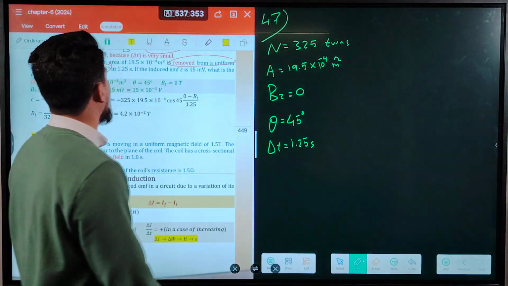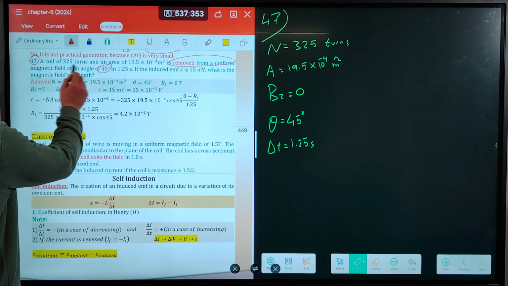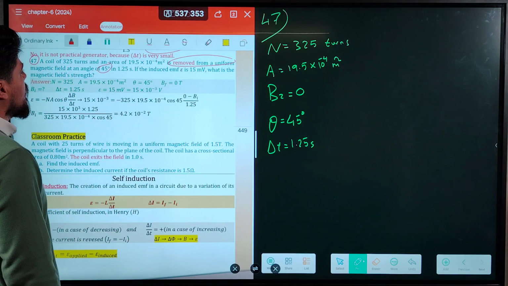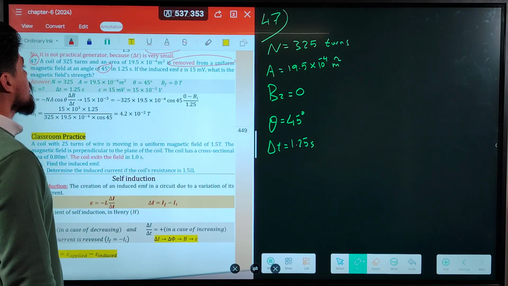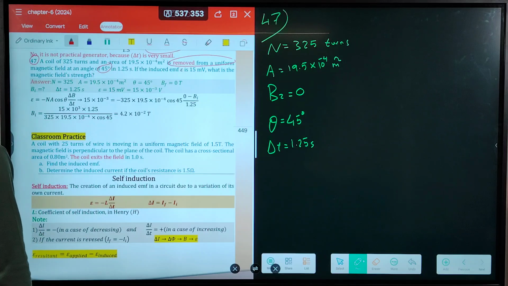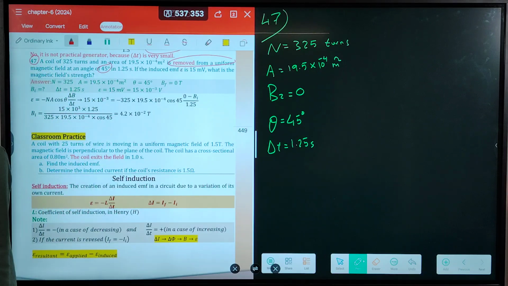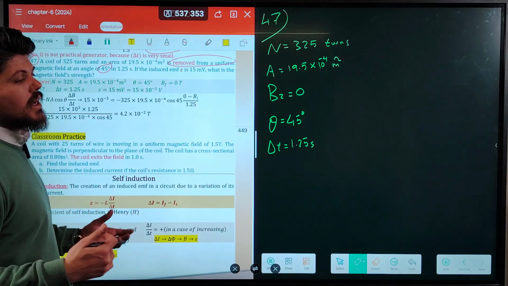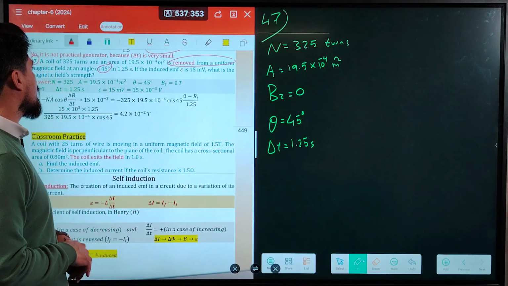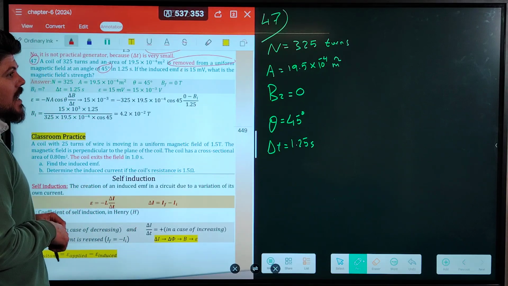1.25 seconds. Okay, a coil of 35 turns and an area is removed from the field. If the angle is not 45, likewise if the angle is 40 or 35 degrees, then you have to convert this angle.